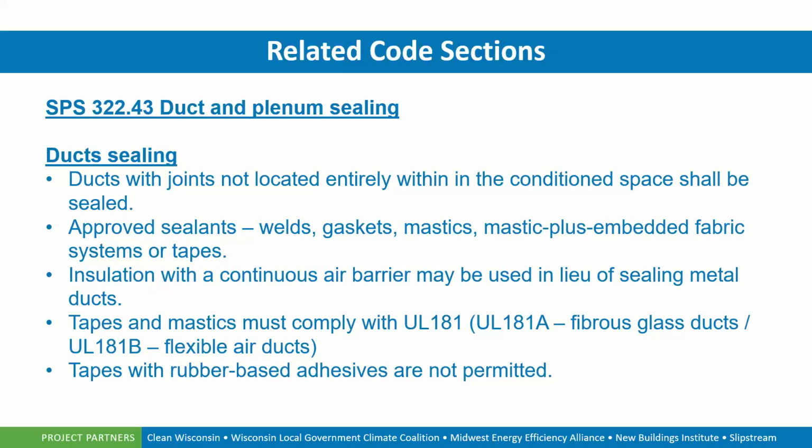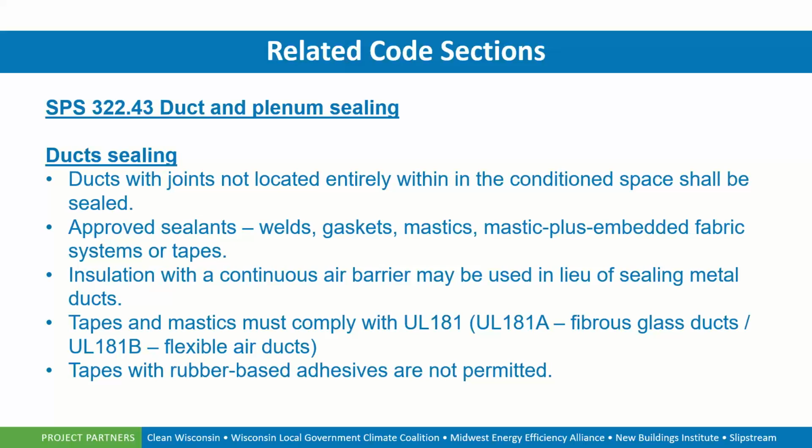Duct sealing. If you notice, ducts with joints not located entirely in the conditioned space shall be sealed. Best practice is to seal all ducts in all locations to minimize duct leakage, which will allow that duct system to distribute the conditioned air as designed and intended.